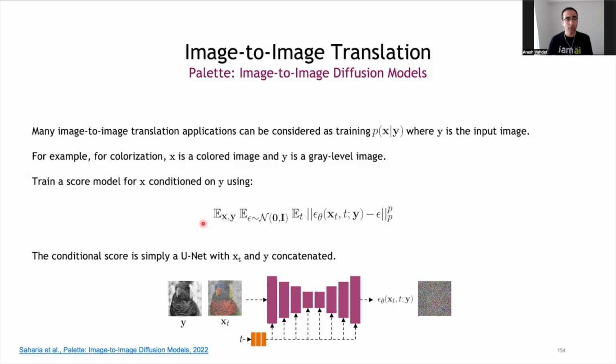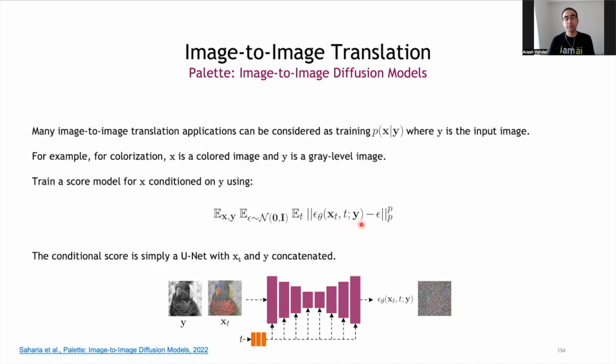So similar to the previous slide, we're going to again train a conditional diffusion model using this objective. Similarly, we have again an expectation over pairs of input conditioning y and output x. For example, y is again the gray level image, x is the output color image. We have an expectation over epsilon drawn from the standard normal distribution, and an expectation over time. We're training a conditional diffusion model that takes the input gray level image, for example, as input conditioning, time, as well as the diffused output image that we want to generate at the end.